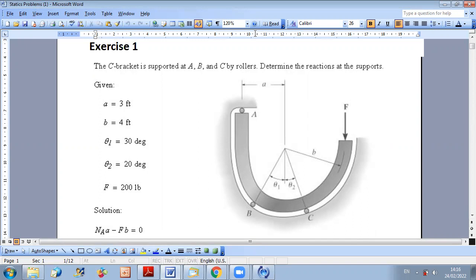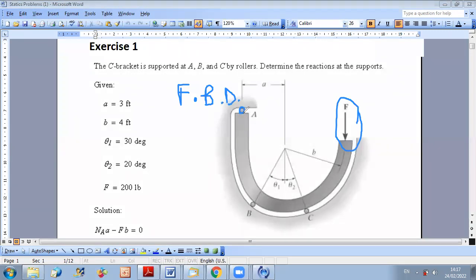The free body diagram will always represent all forces acting on the object, including the external forces that you apply and the reactions at the supports. So here the only external force is F. And since we have 3 rollers, as you can see, whenever you have a circular symbol, this is a roller.